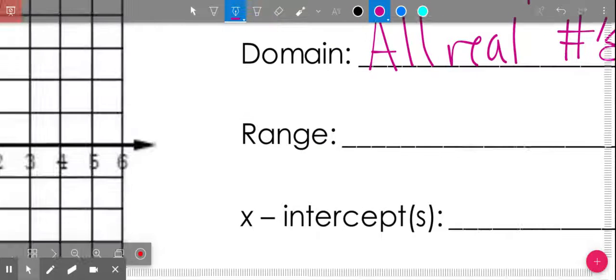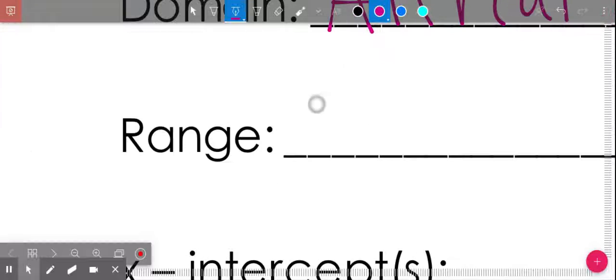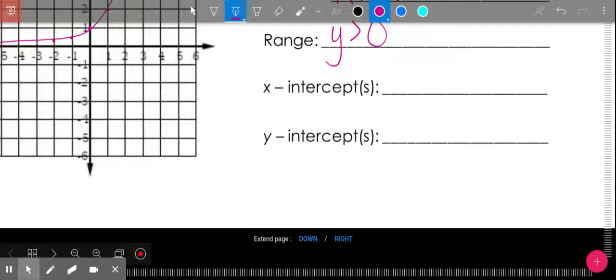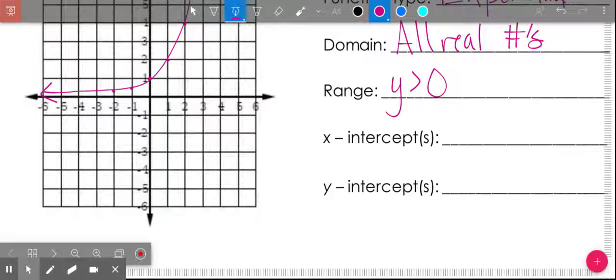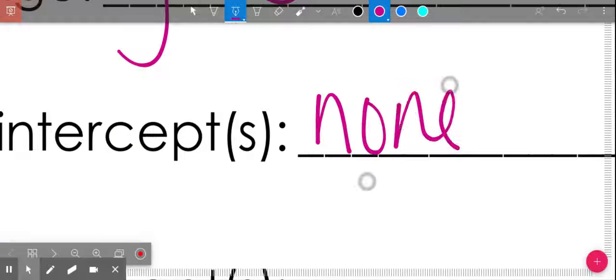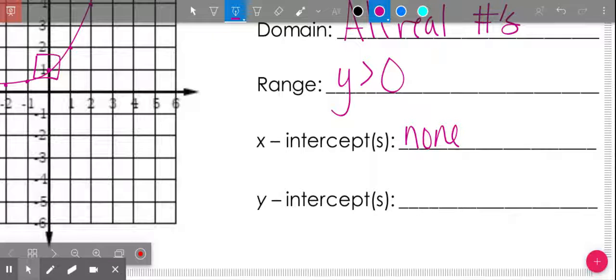Our range, it gets really close to the x-axis, but never actually touches it, so it's going to be y is just greater than 0. It's not equal to, it's just greater than 0. Since it never touches the x-axis, there is no x-intercept, so it's going to be none. And then my y-intercept, it goes through the y-axis at 0, 1.